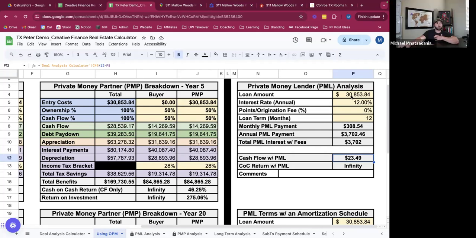One of the things we do is we recycle one private money lender with another one, whoever wants to come into that and just take over that second position private money lender loan. More often than not, our private money lenders who are there already want to just extend, but if not, they can be replaced with another private money lender that will just take their place. And typically, that first year of ownership is more risky, so you pay a higher interest rate.